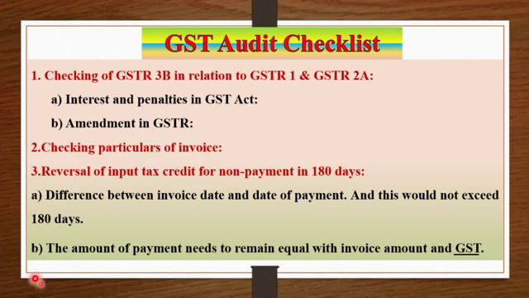Second, the amount of payment needs to be equal to the invoice amount plus GST. If the payment amount is less than the invoice amount plus GST, the input tax credit to the extent of the short payment would get reversed.